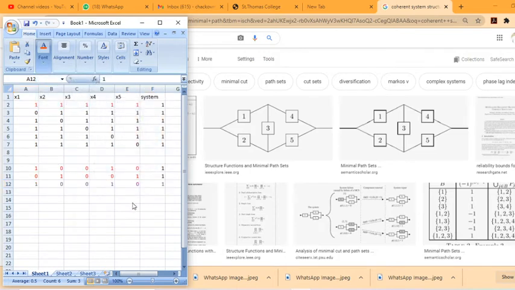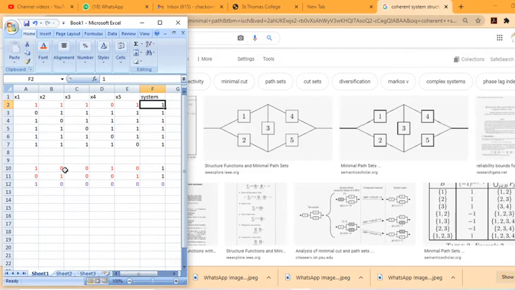What happens when this component becomes 0? Then the system will be in failed state. But in the other vector, if the component x4 goes to 0, then the system is still working.